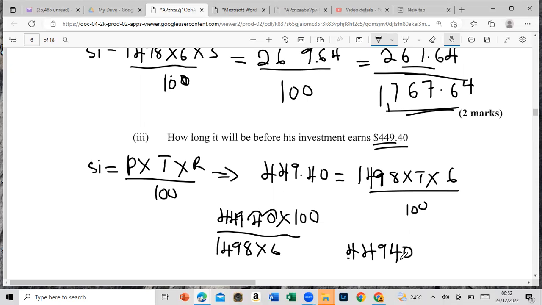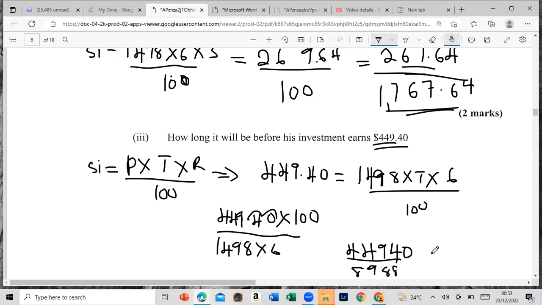And then 1,498 times 6 works out to 8,988.